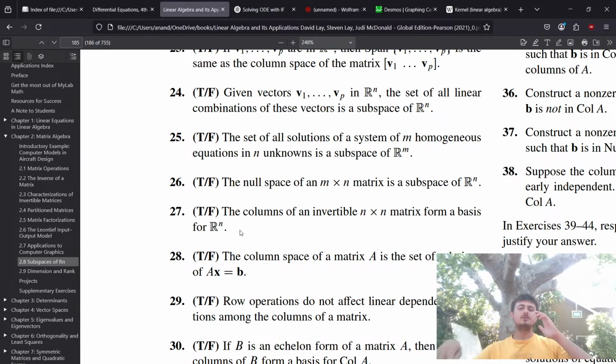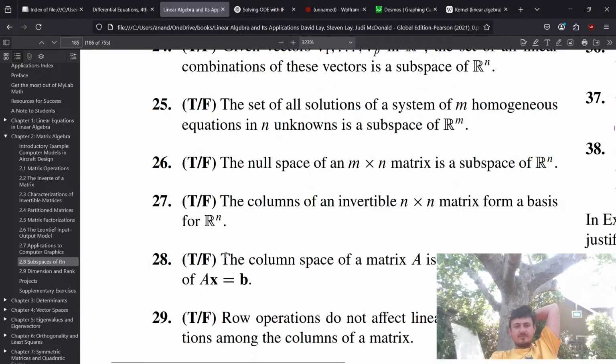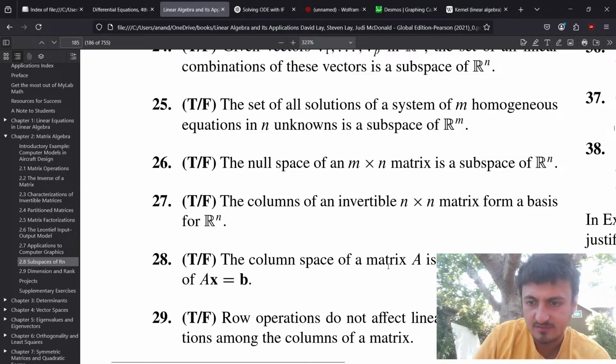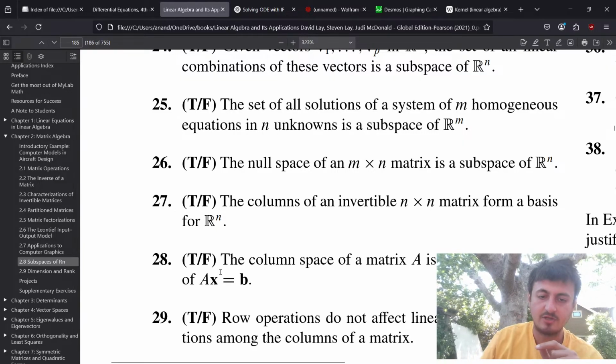Okay. The column space of matrix A is the set of solutions. I don't really know what they mean here. Solutions would be the values of X, so no, that's wrong.